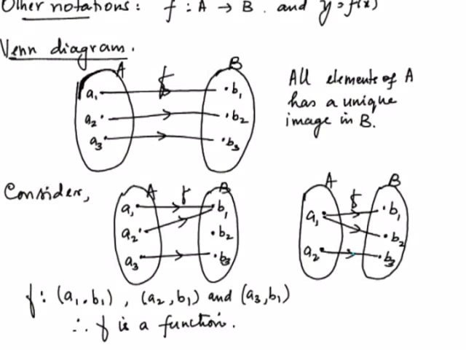So on the whole, a1 is related with b1 and b2, and a2 is related with only one element, namely b3. Is this relation a function? No, it is not a function. The reason is a1 has two images. Yes, so the situation defined here is not a function.